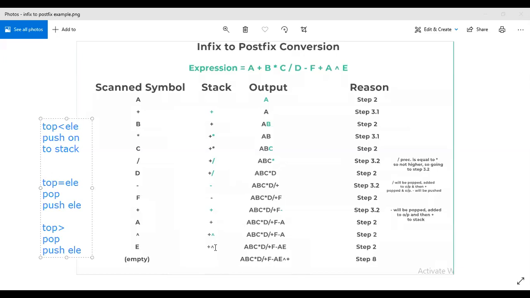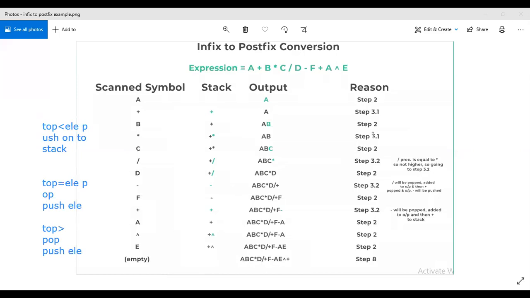So the top of the stack is exponent. So I will pop that one and print that one. Next, plus is there on the top of the stack. So I will pop that one and print that one. So finally, the expression is A, B, C star, D slash plus F minus A E exponent plus.